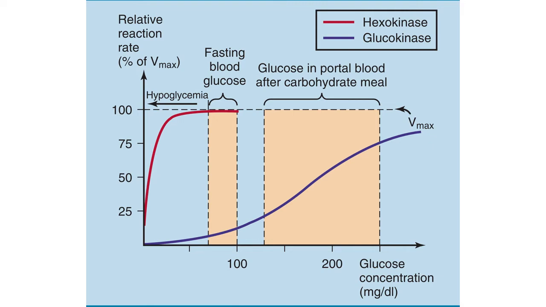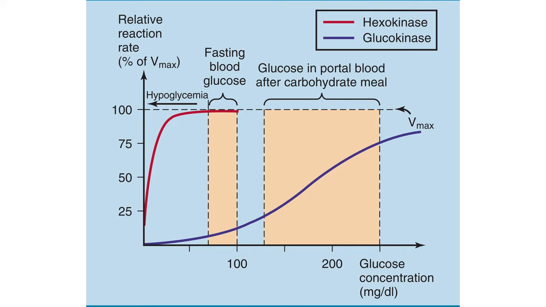Okay, so once you have finished the absorptive phase in the small intestines, the levels of glucose in the portal blood will continuously go down. And when that level goes down, glucokinase will switch off because the levels in the portal blood are low already.